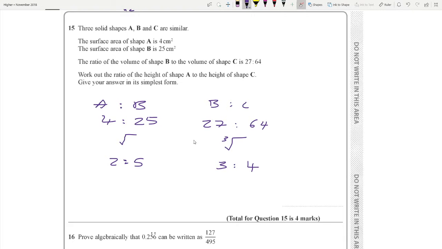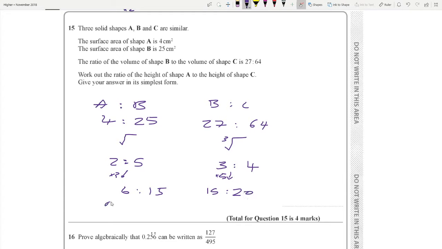We can make them equal by multiplying this ratio by 3 and this ratio by 5, and by doing that we get a common value for B of 15. So multiply this ratio by 3, you get 6 to 15, and here we get 15 to 20.